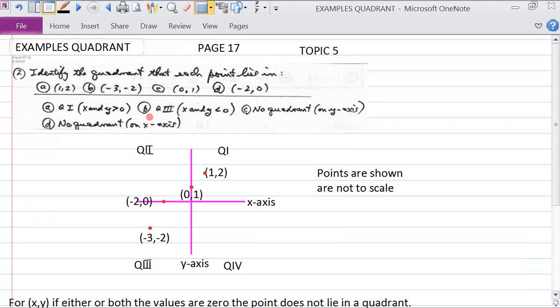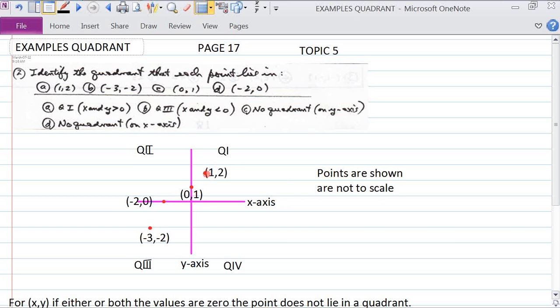Okay, identify the quadrant that each point lies in. So first of all, where x is 1 and y is equal to 2, that's this point right here. This is roughly x is 1, and y is roughly equal to 2. These points are not drawn to scale.